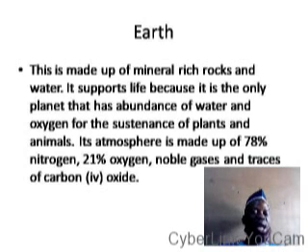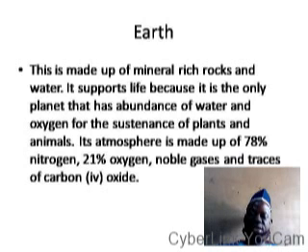It is the only planet that has an abundance of water and oxygen, and that is why it supports life. So we have many plants and animals on Earth. Its atmosphere is made up of 78% nitrogen and about 21% oxygen. Then we have traces of noble gases and carbon dioxide.